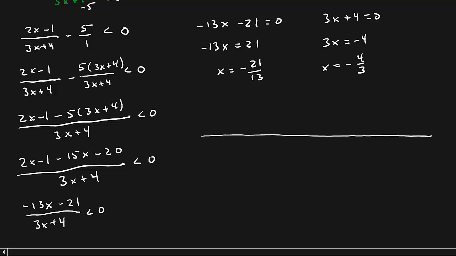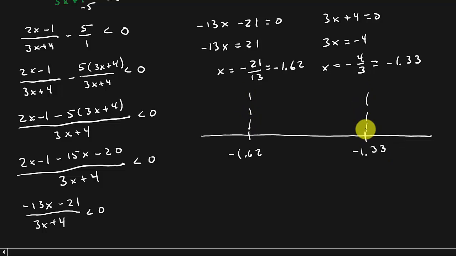So negative 21 divided by 13 is equal to negative 1.62, we'll round it. And negative 4 divided by 3 is equal to negative 1.33. So we would have negative 1.62 and negative 1.33.